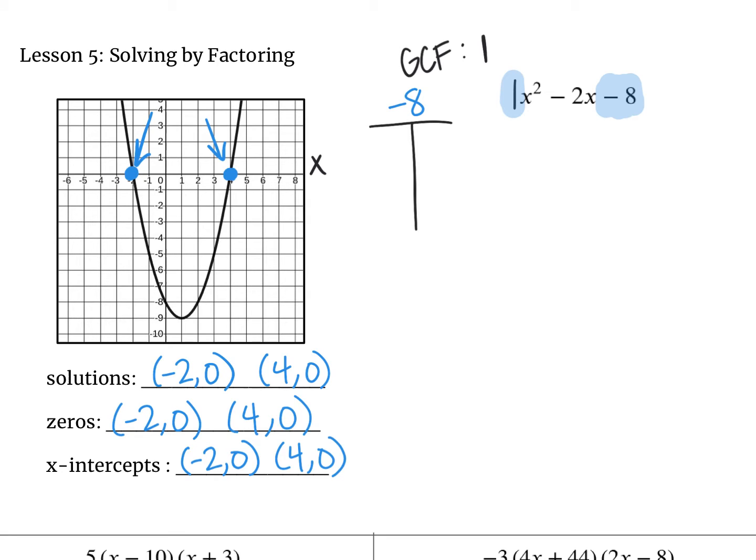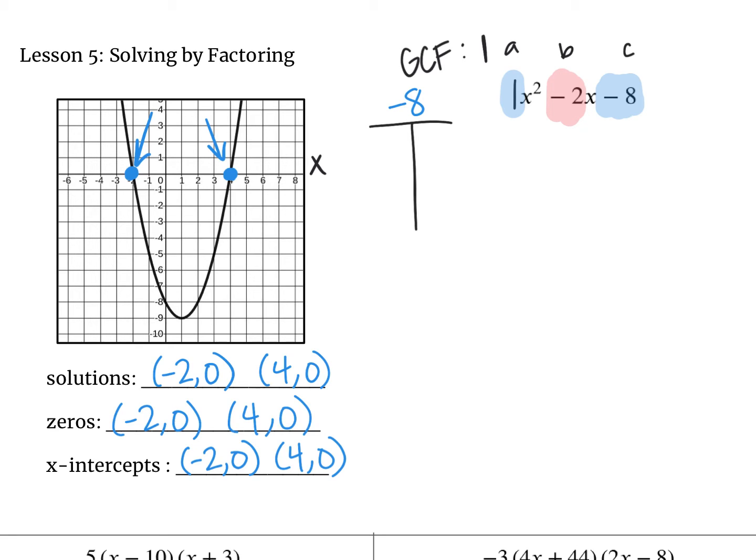And now we want to look for factors of -8 that are going to give us, when we add them together, our b value. So remember, the b value is right here in the middle, -2. So we have a, b, and c.